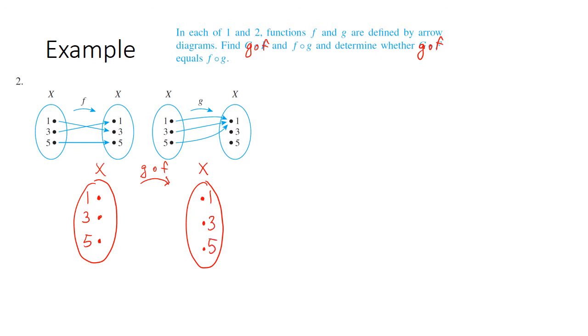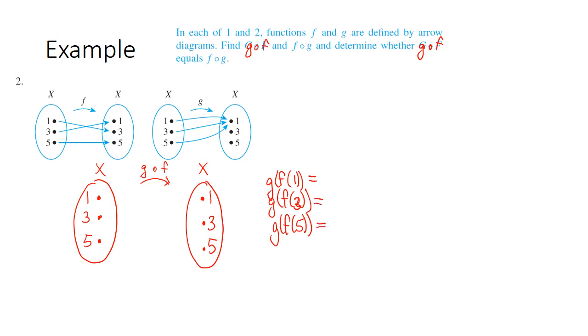Okay, so first I want to do g of f. So let me just make some notes over here. So I want g of f of 1. I want g of f of 3, and then I want g of f of 5. So let me just figure out what these are.